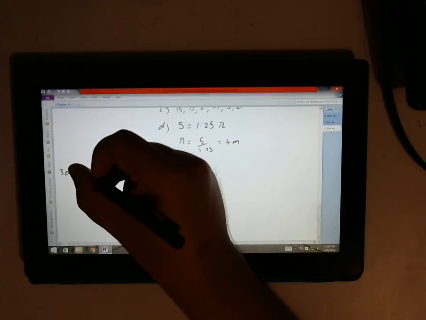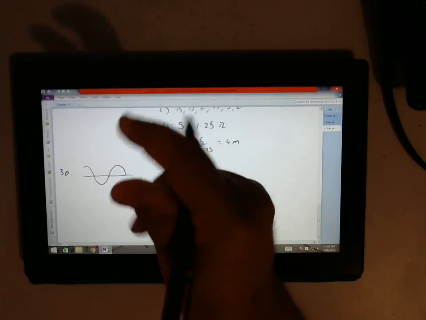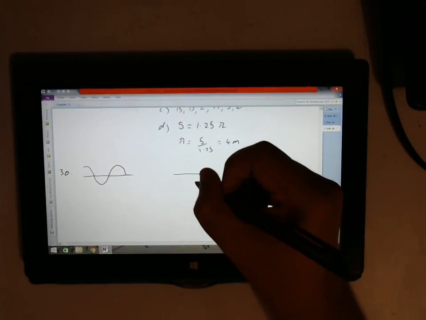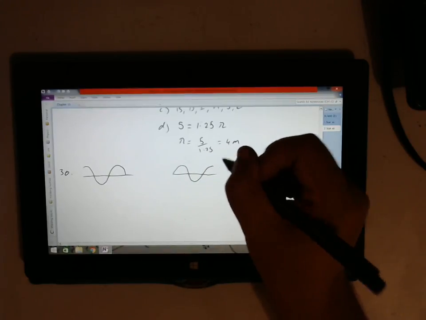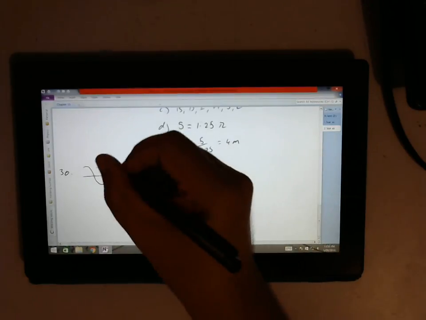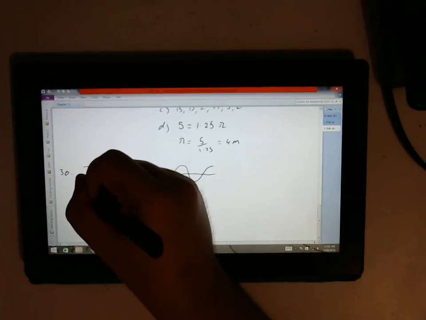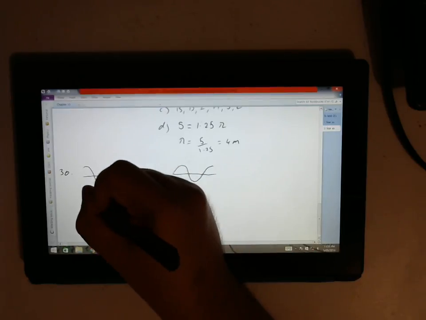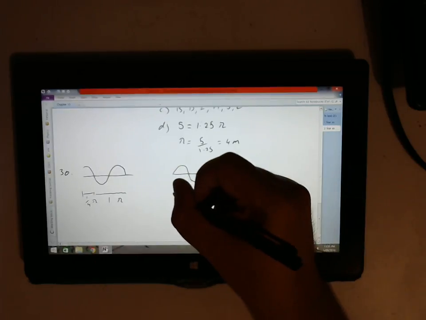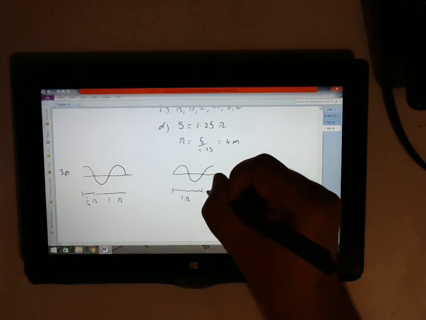Our first one is there, and our second one is there. So we've got 1 1/4, and that will be 1 wavelength. This seems to have 1 1/4 wavelength as well.